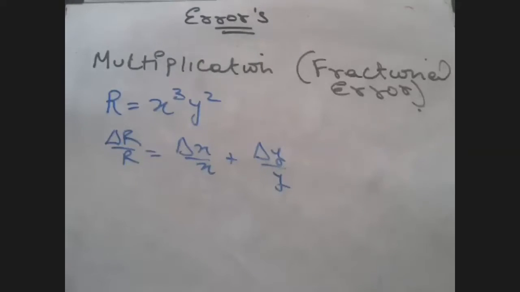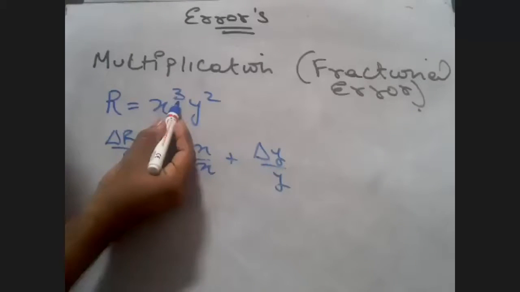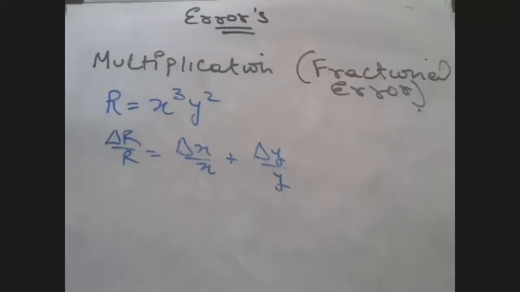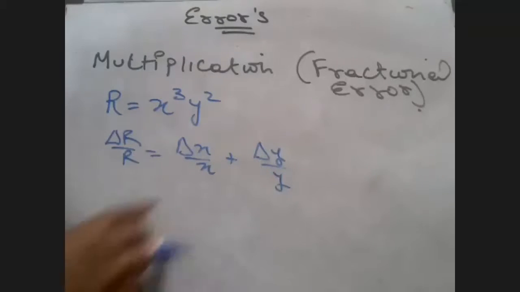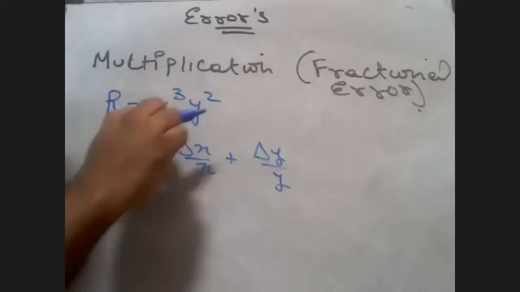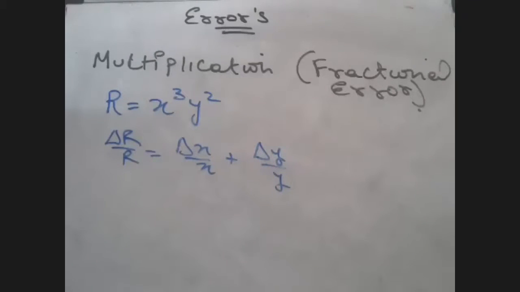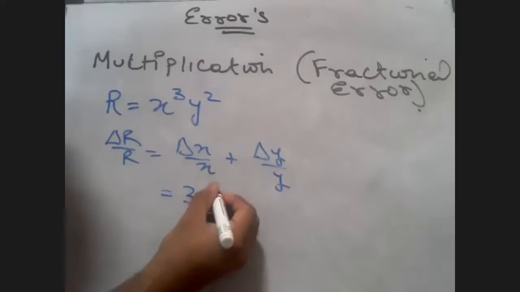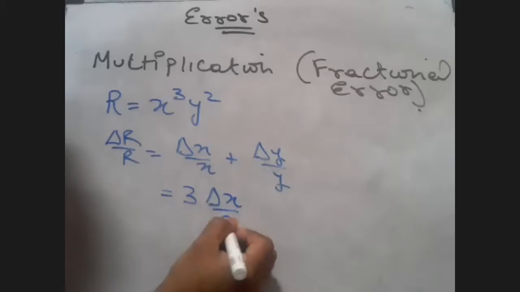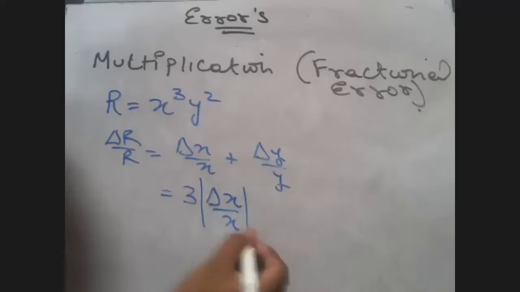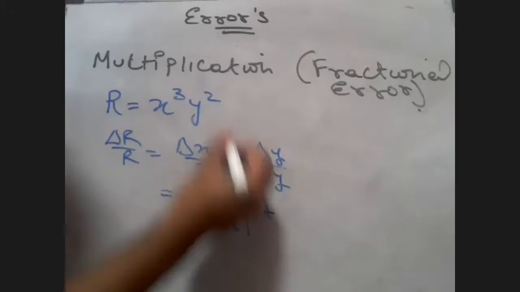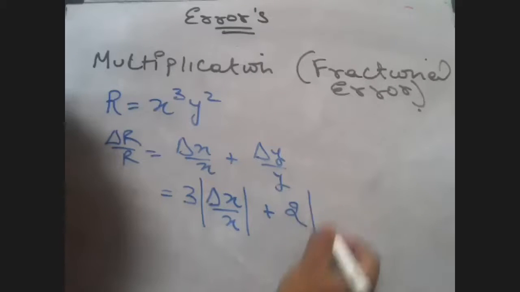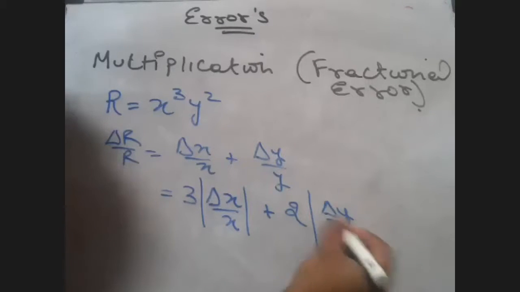So look here, students. What you will do, this exponent here is 3, and this exponent here is 2. You will bring it down next to this fraction. So for x cube, I will write 3, then delta x upon x mod function, plus this exponent 2, I will bring aside and I will write delta y by y.